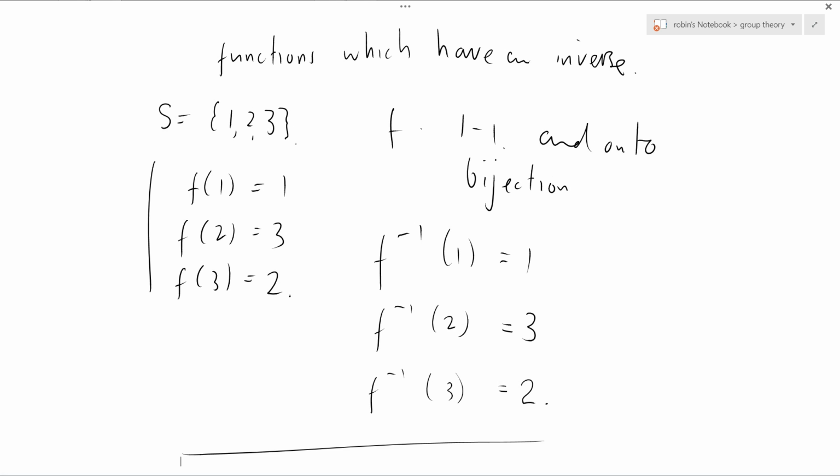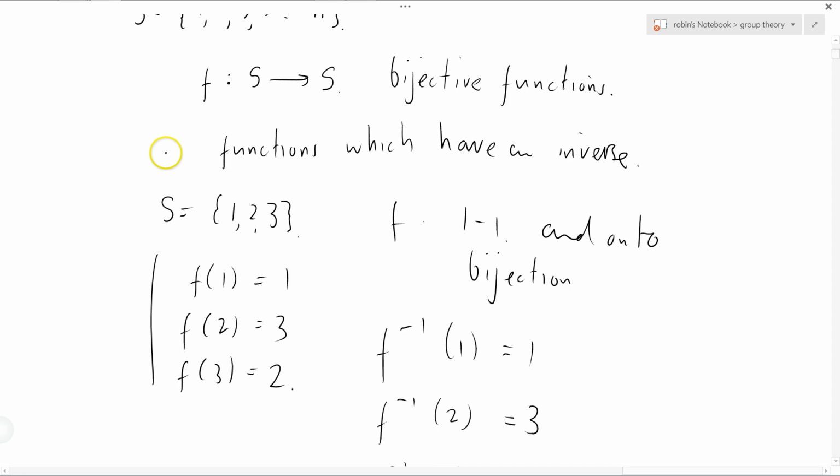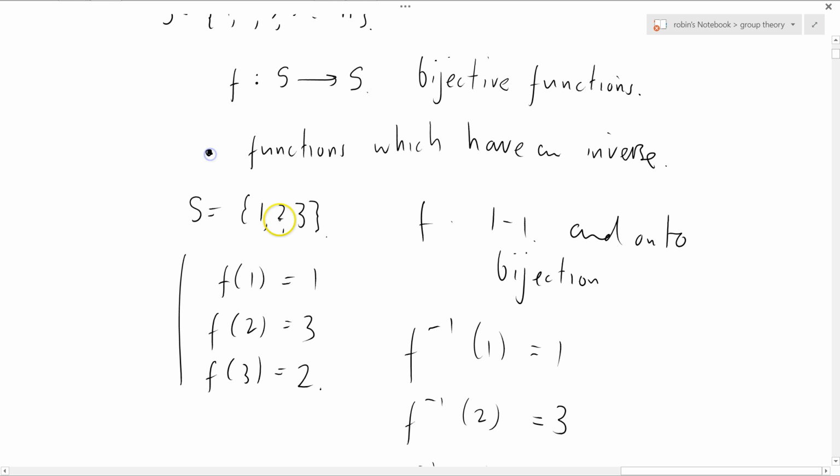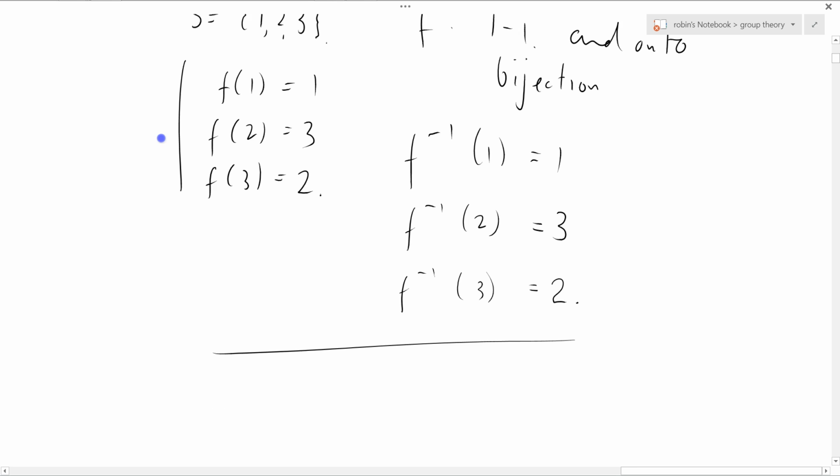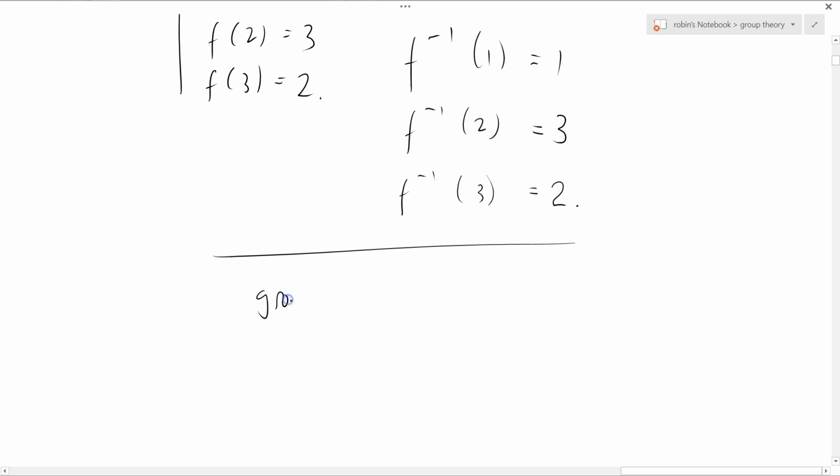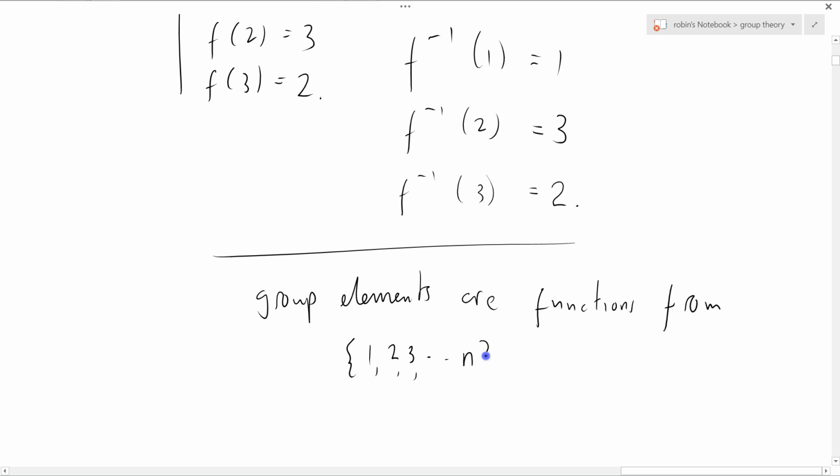And I'm going to consider the set of all functions from S to itself. So my group elements are functions from the set 1, 2, 3 up to n to itself with f invertible.